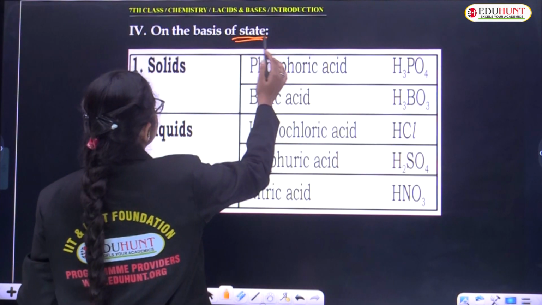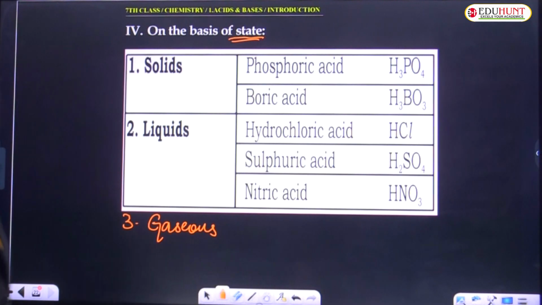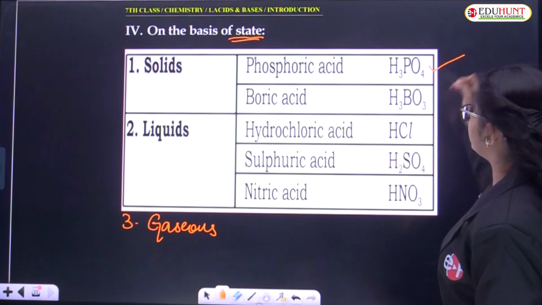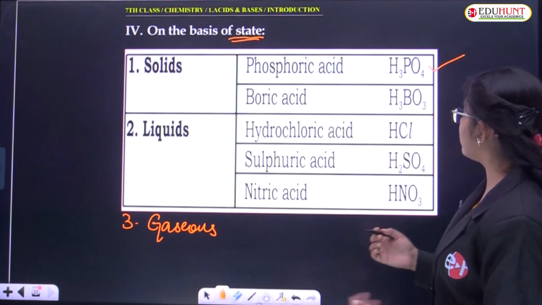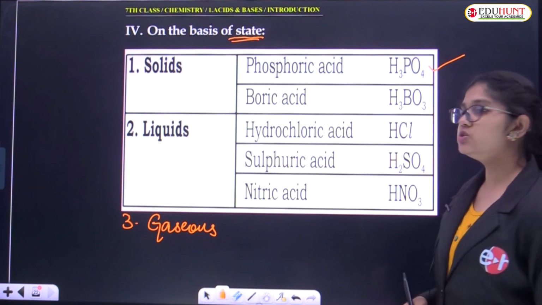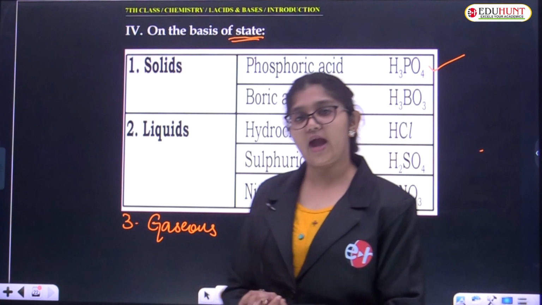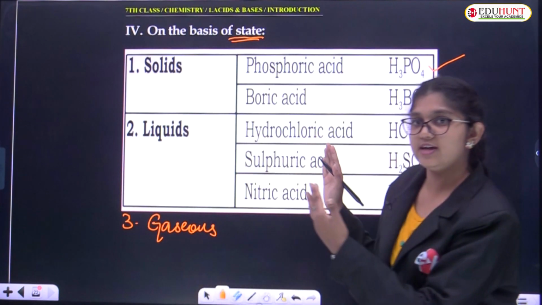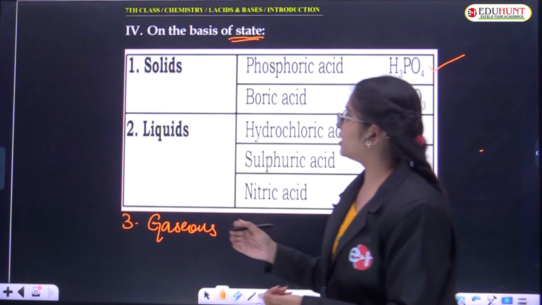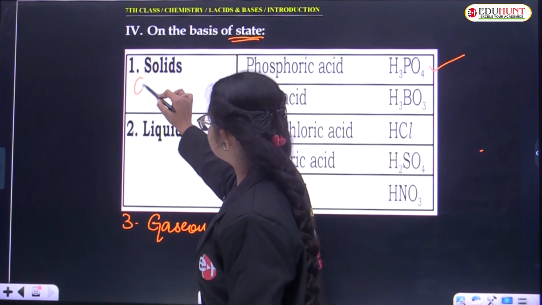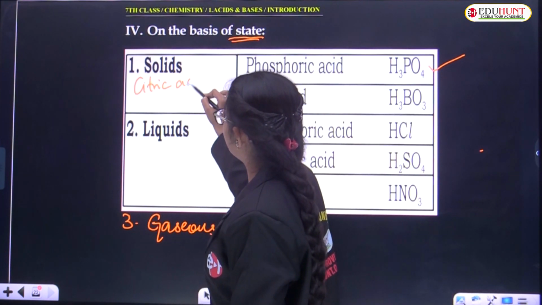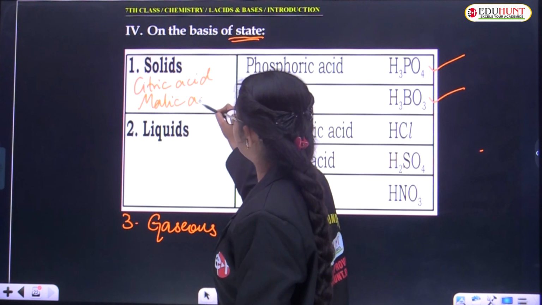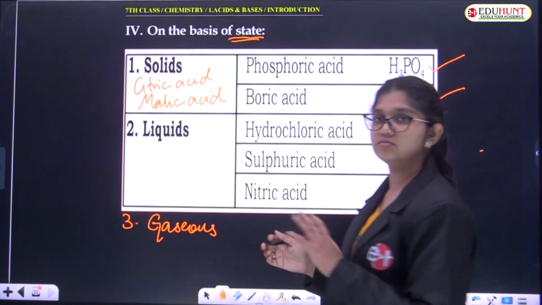Solid acids include phosphoric acid H3PO4 and boric acid H3BO3. We can also include organic acids such as citric acid and malic acid in the solids category.